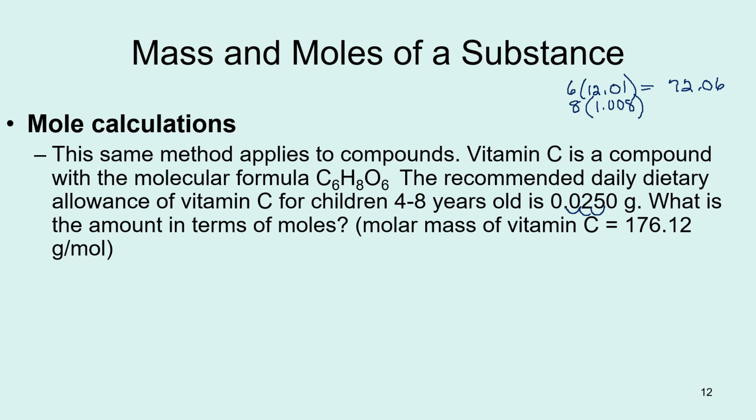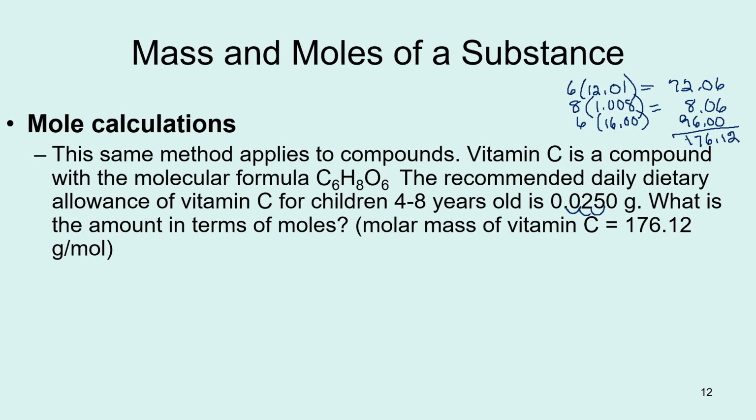I guess you could technically round up, but let's just use that for now. And that gives me 8.06. And then I have 6 oxygen, 16.0. If you use more decimals, like 15.9996 or something like that, but 16.00 is probably fine. And that's 96 grams.